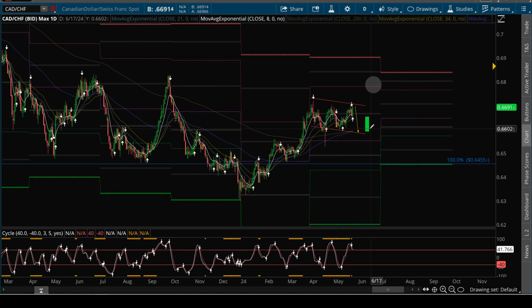That'd be all you're looking for. You'd be taking this to run it up to here and probably take profit up here. Because at this point you're bouncing off your quarterly R1 and your 3-day 200. All right, but there's nothing to do right now.